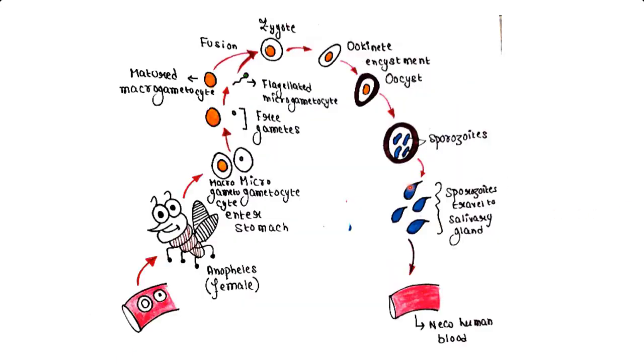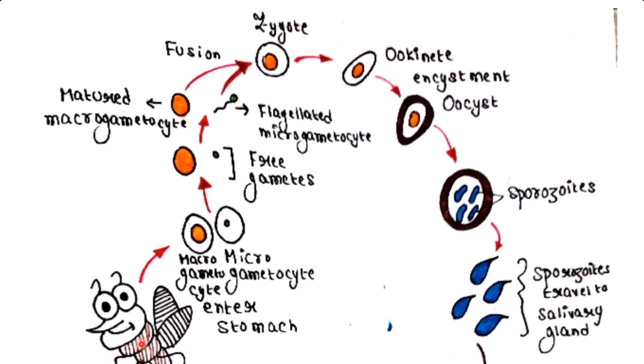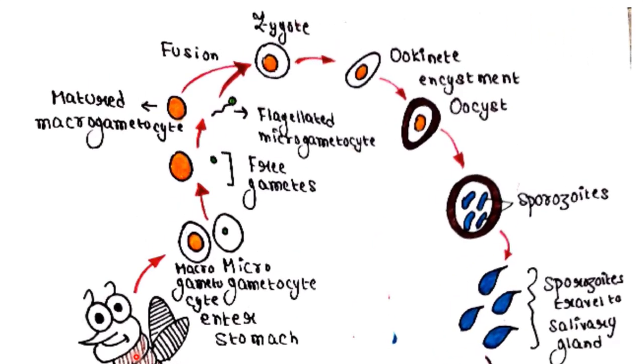Now, the sexual phase of this cycle will happen inside the body of the mosquito. So, if these gametocytes, which are actually inside the blood, containing erythrocytes are sucked up by a female Anopheles mosquito, they reach the stomach of the mosquito where gametocytes are set free.